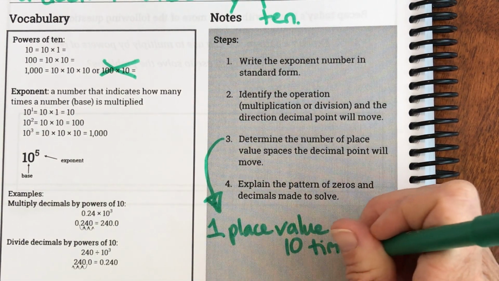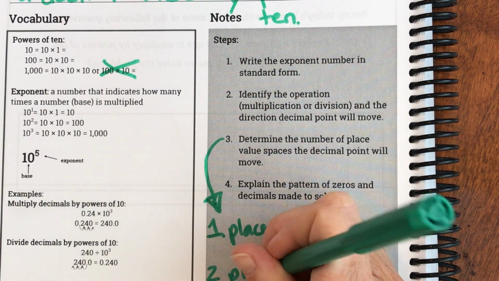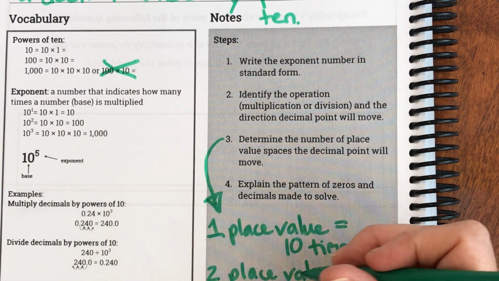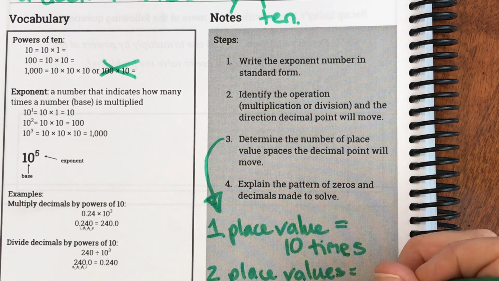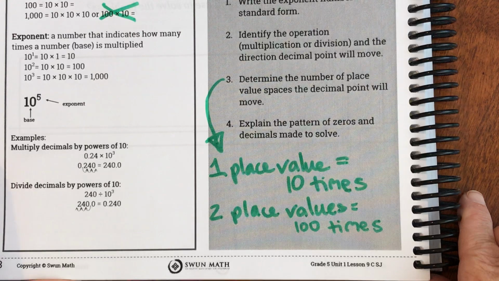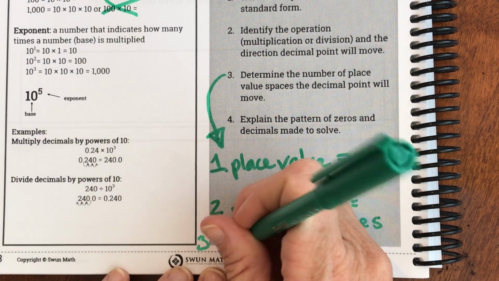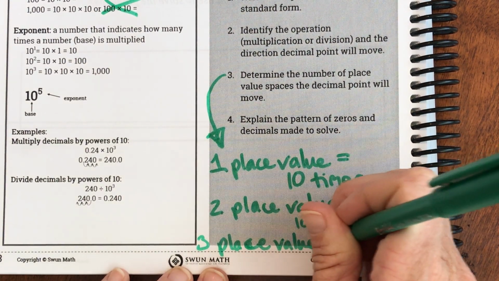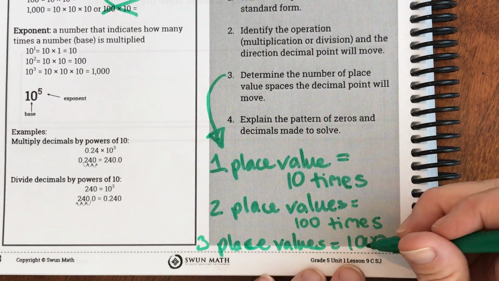And you might remember writing this before. 2 place values equals 100 times. And you might start seeing the pattern. And we're going to write one more, and then maybe we'll just follow the pattern for any others. So 3 place values equals 1,000 times.